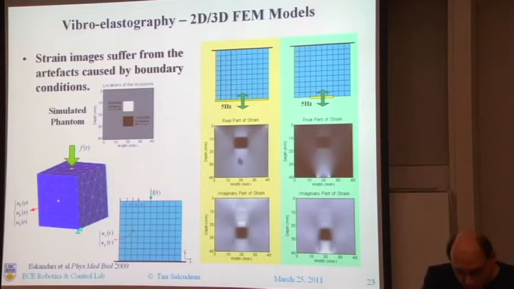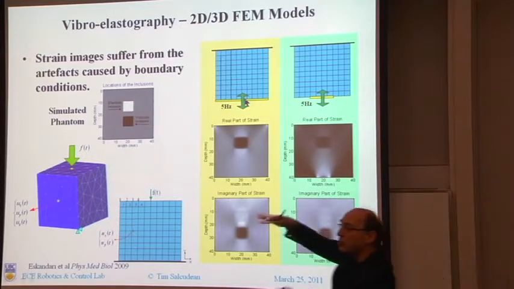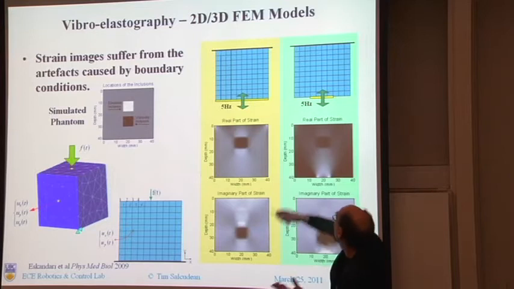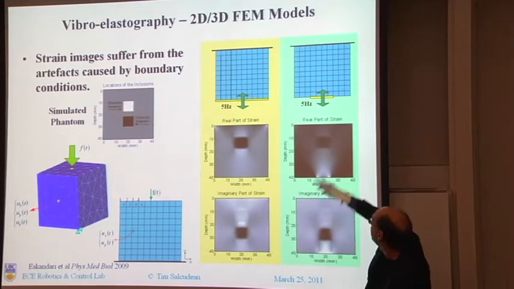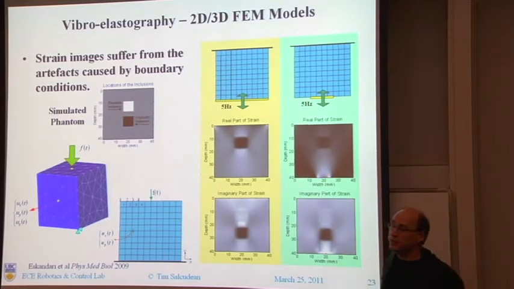But you have all sorts of artifacts. These are from the boundary conditions that your strain does not take into consideration, and they change with the size of the exciter. If you use a full plate to excite the sample, or if you use a part of the plate, the image is not the same.